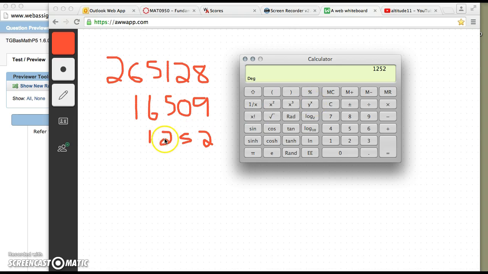So we have this number here, 1,252. Since it's already stored in my calculator, we'll take that and add the total number of children from our triplet sets, which was 16,509. Then we add the total from our twin sets, which is 265,128.